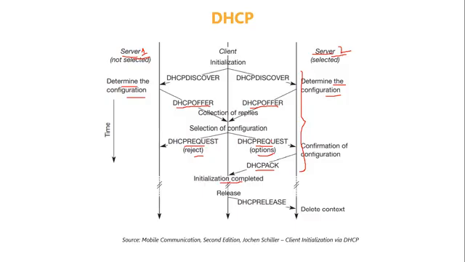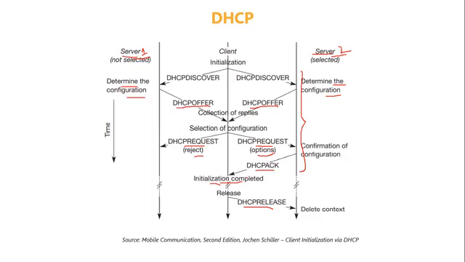And if the client no longer wants to be a part of this network and is leaving, then it can just send DHCP release. Sometimes the client will leave the network without sending DHCP release, and then the configuration parameters will not be freed from that client.